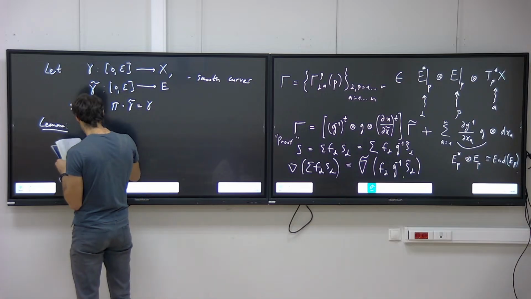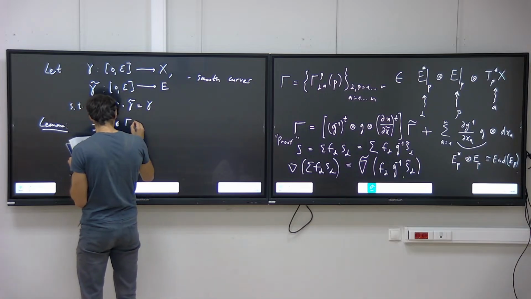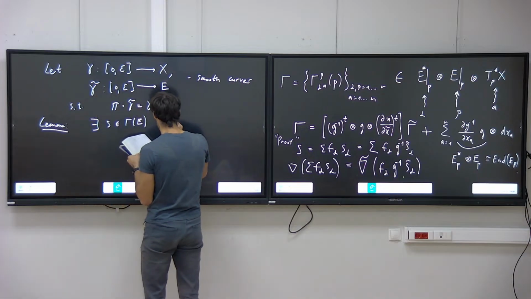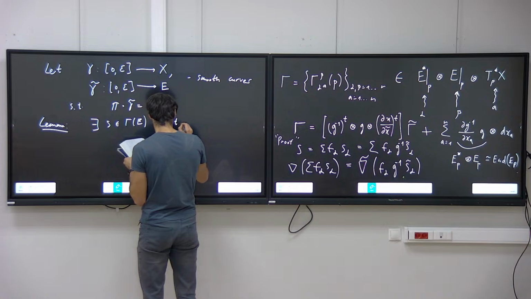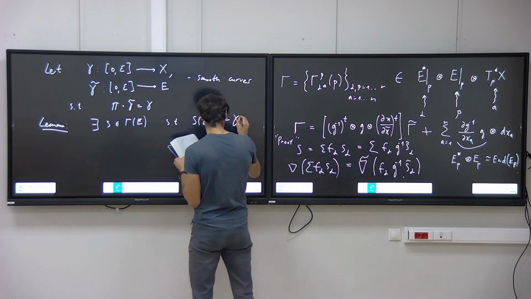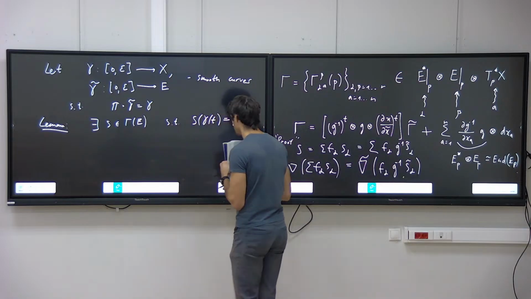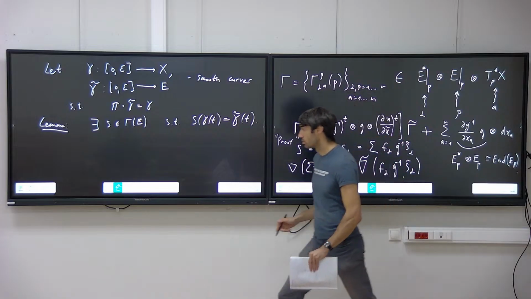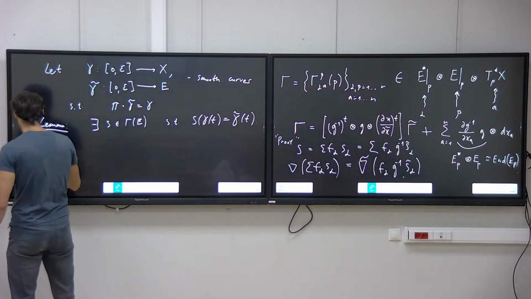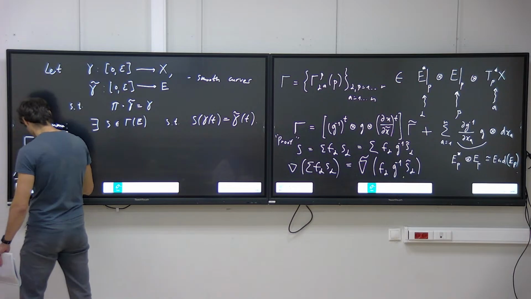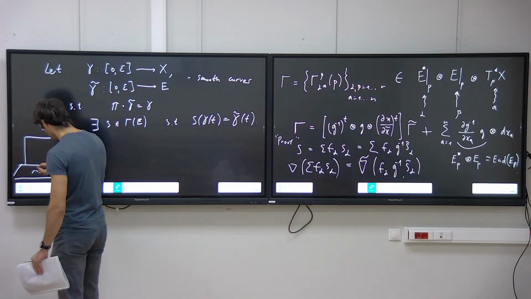So there exists a section S on E such that S of gamma of T is gamma tilde of T. What's going on is that we have E, we have the base, and in the base I have some curve.